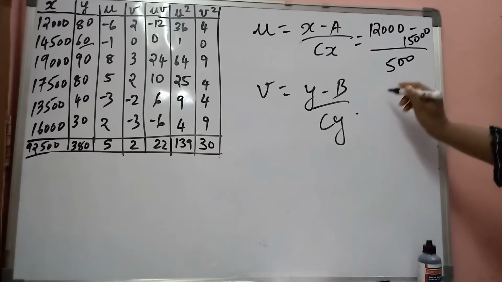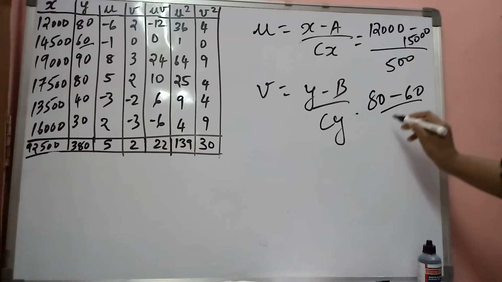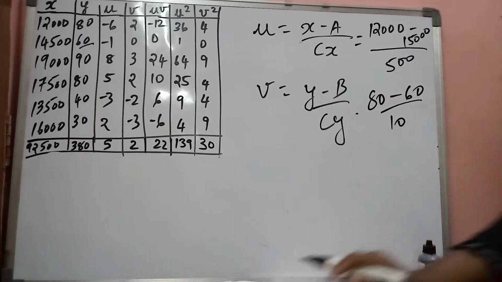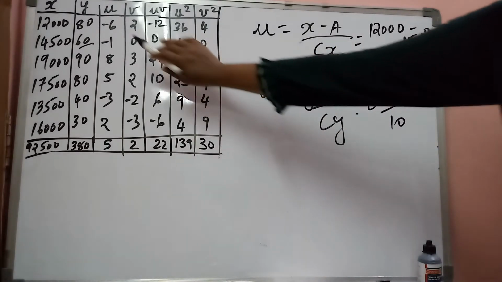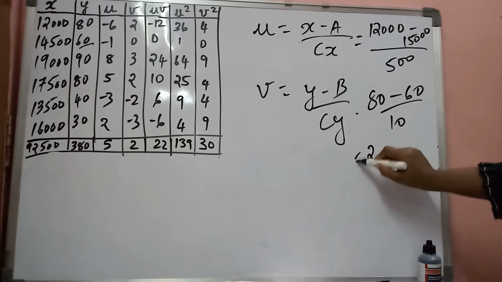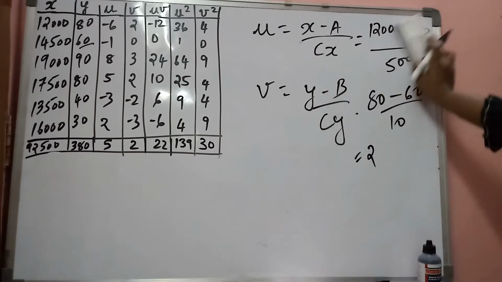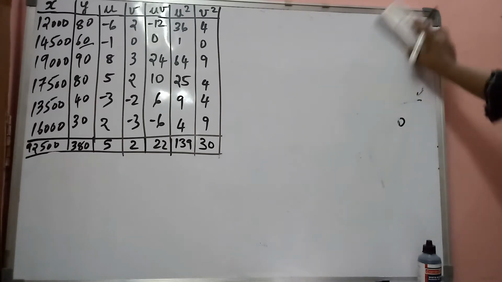For y, it is 80 minus 60 divided by 10. Clear? So then you get the answer. For u it is minus 6, and for v, for the first value, it is 2. Clear? Then like this you have to calculate your u column and your v column.